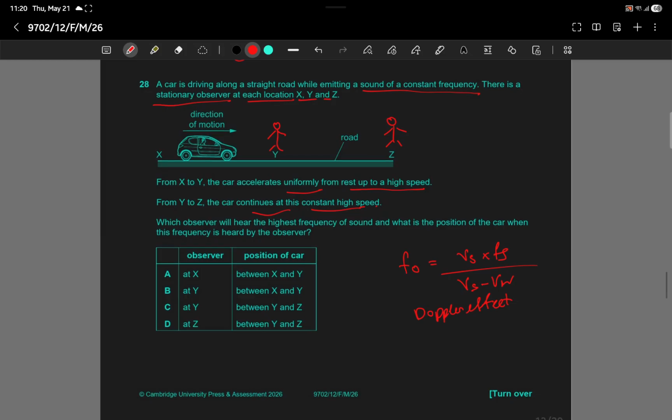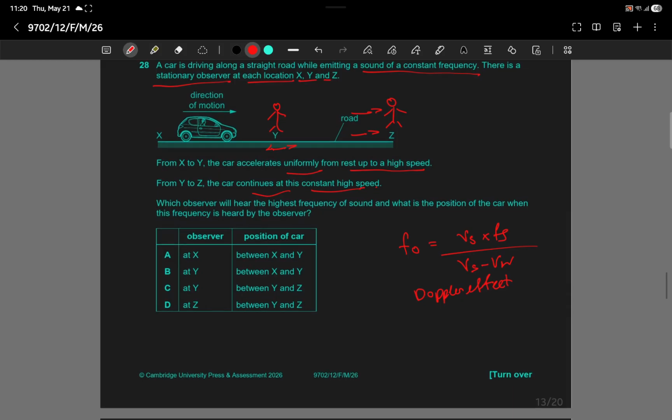So the car moves away from X, and moves past Y, but it drives directly towards Z. Between Y and Z, the car travels at a maximum constant high speed directly towards Z. Therefore, the observer at Z experiences the highest frequency heard.